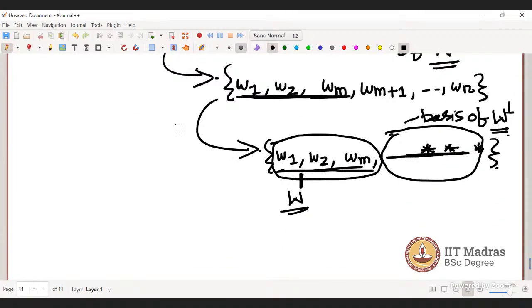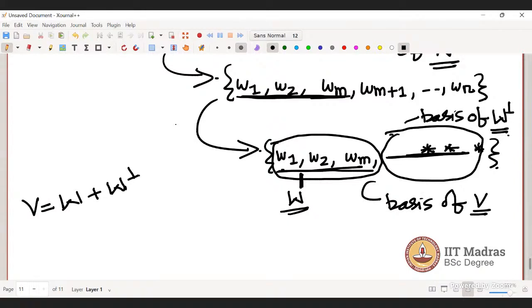So using this, you can prove that V is basically W plus W perp, right? Because certainly this whole set is a basis of V, and it can be separated into two independent subsets. This part spans W, and this part spans W perp.